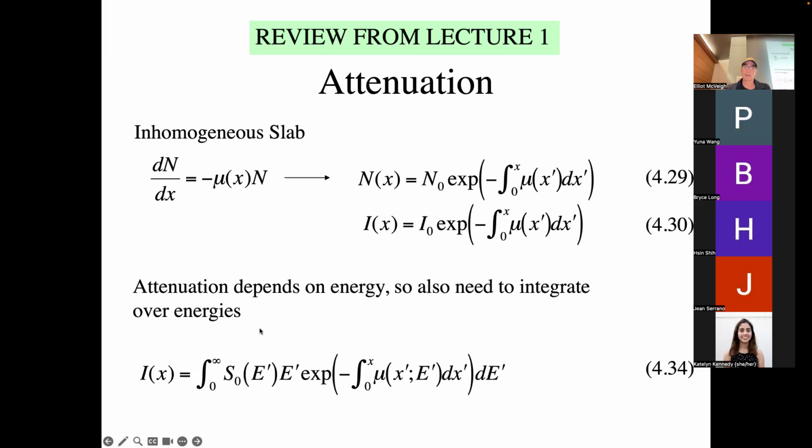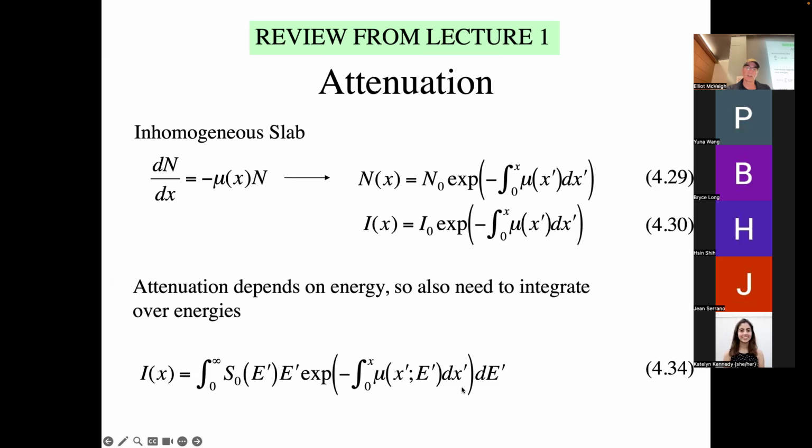If you want to model this absolutely precisely, you need to take into account the energy of all of the photons, because you have a spectrum of photons, not just one energy. And the importance there is that the mu value is actually a function of energy. So depending on what enters a voxel in my object, what the energy of that photon is, the probability of it getting absorbed is dependent on the energy.